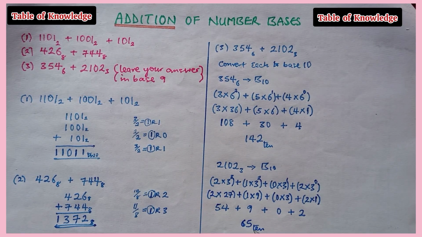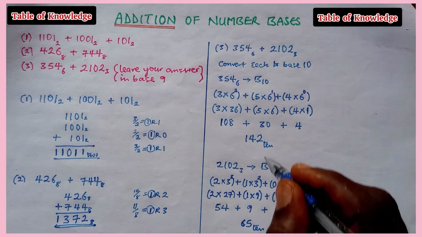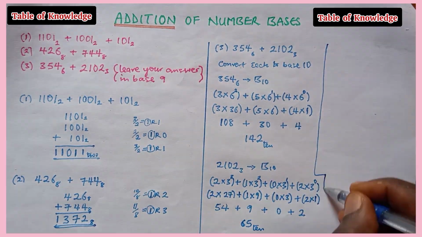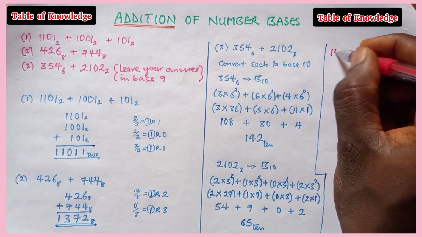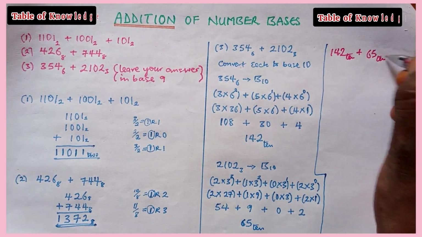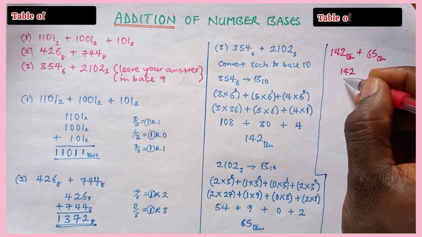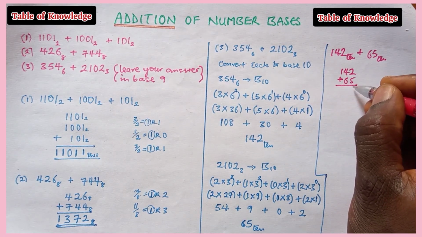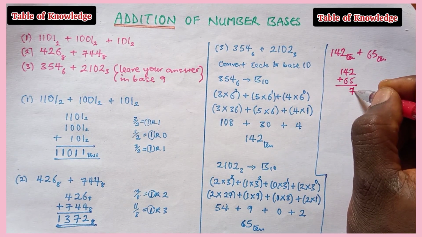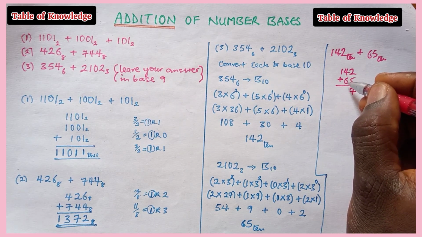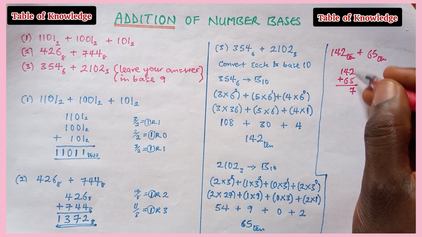So next we are going to add the 65 plus the 142, both of them in base 10, to get an answer in base 10. That is 142 base 10 plus 65 base 10. 2 plus 5 is 7. 4 plus 6 is 10. 10 is equal to the base, and we cannot write it down.